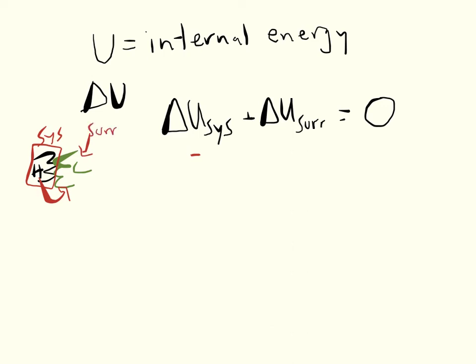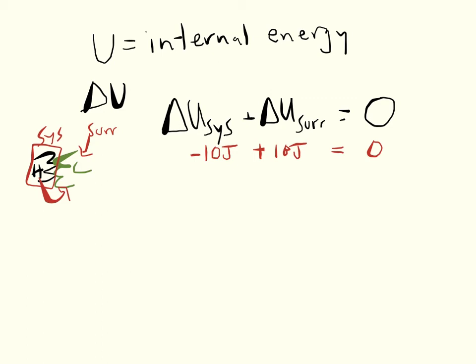So let's just say the system lost negative 10 joules. Remember, the units for heat and for energy are joules. That means the surroundings is going to gain 10 joules, the same amount. Heat can't be created or destroyed. So the net change between the system and the surroundings is always going to be 0.